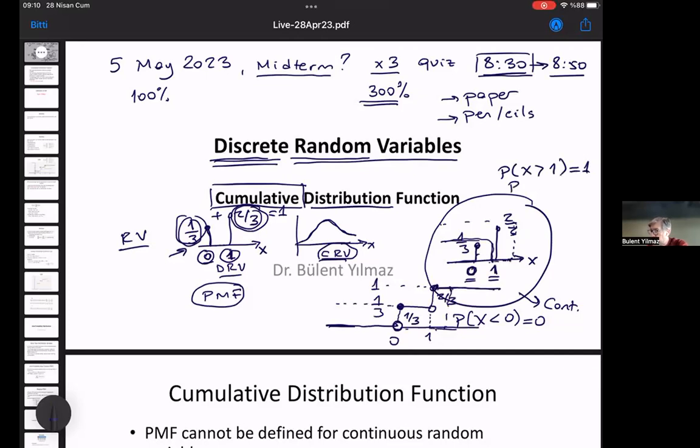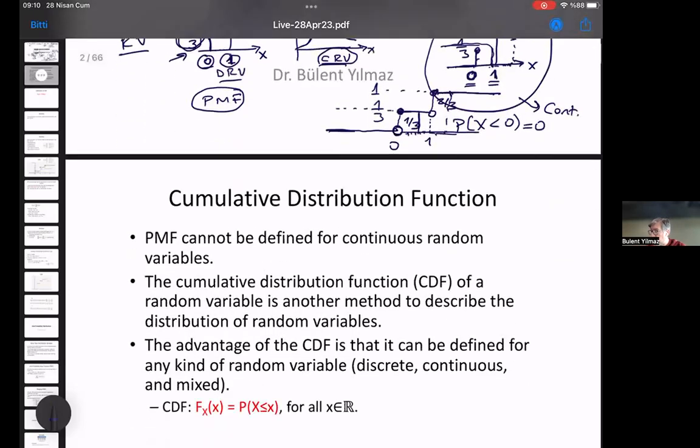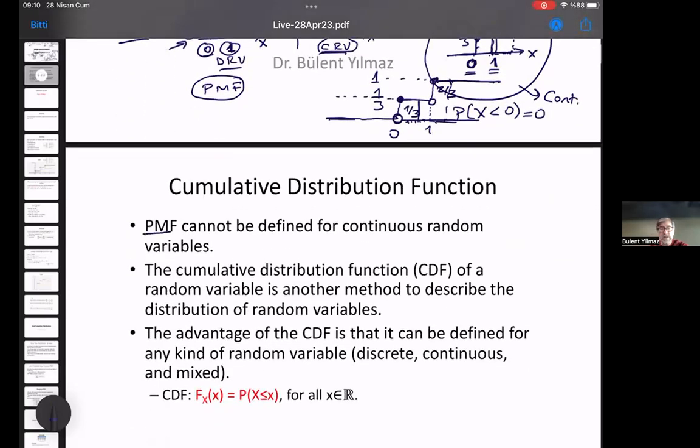For example, if the value is between 0 and 1, I'm going to come here, it will be somewhere here, and then it will be 1/3, okay? So I will be able to calculate probabilities using the cumulative distribution function, okay? PMFs are discrete. I don't have continuous characteristics there.